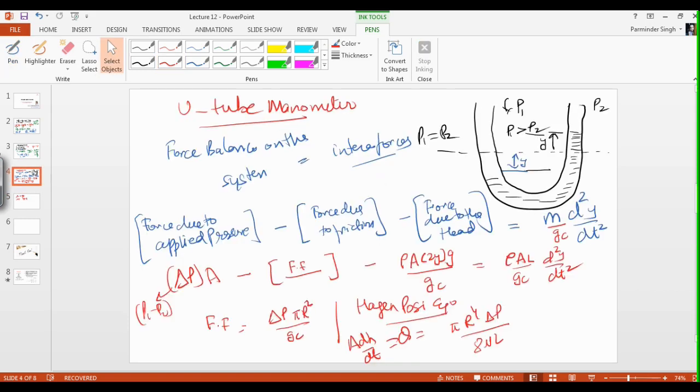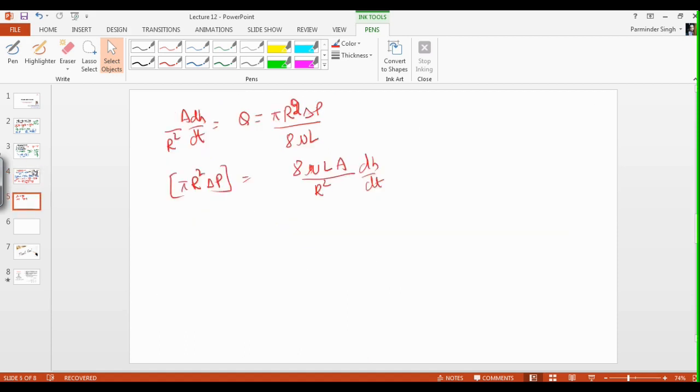We substitute it over here, so the frictional force comes out to be 8 mu L A by r square gc into dH by dt.